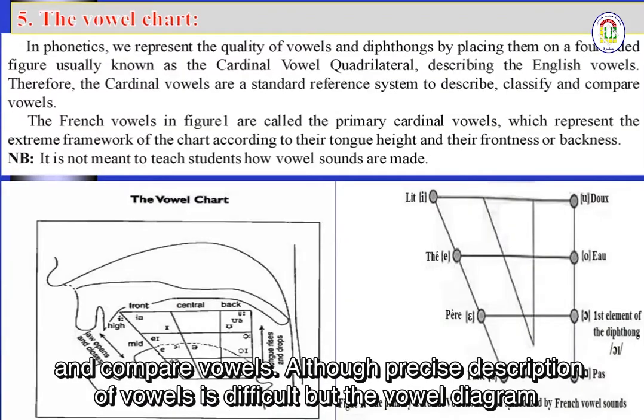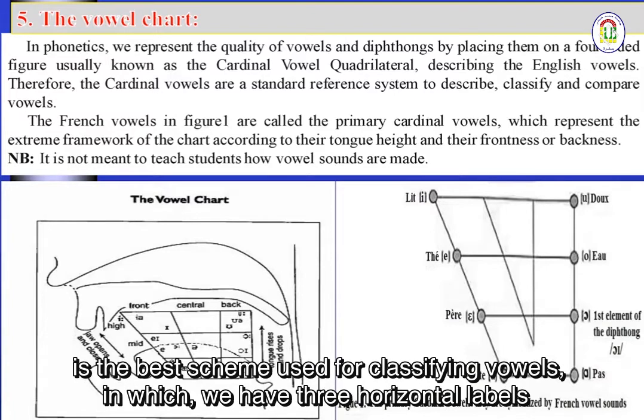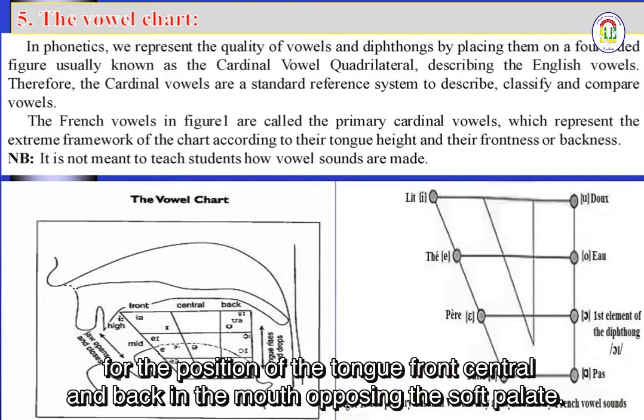classify, and compare vowels. Although precise description of vowels is difficult, the vowel diagram is the best scheme used for classifying vowels, in which we have three horizontal labels for the position of the tongue: front, central, and back.